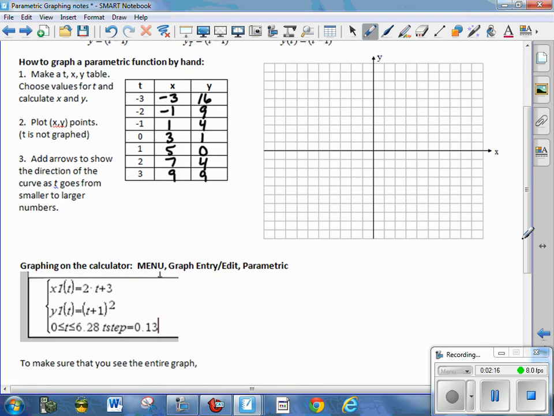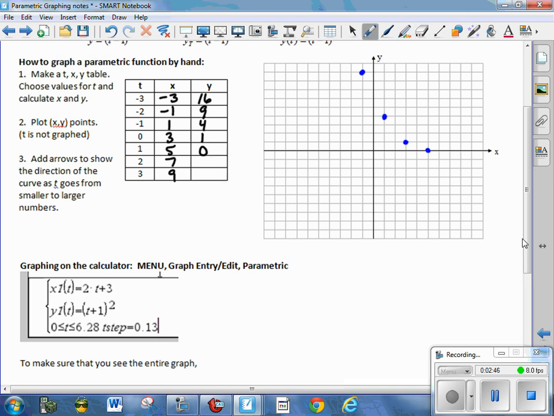Now the next thing I do is to plot these points. I don't plot the t. The t is kind of a hidden underlying variable behind the x and y, sort of a behind the scenes variable, but I'm going to plot the x and y points. Unfortunately, negative 3, 16 doesn't fit on the graph, so I'm going to start with negative 1, 9, which goes here, then 1, 4, then 3, 1, then 5, 0, then 7, oops, I did these wrong.